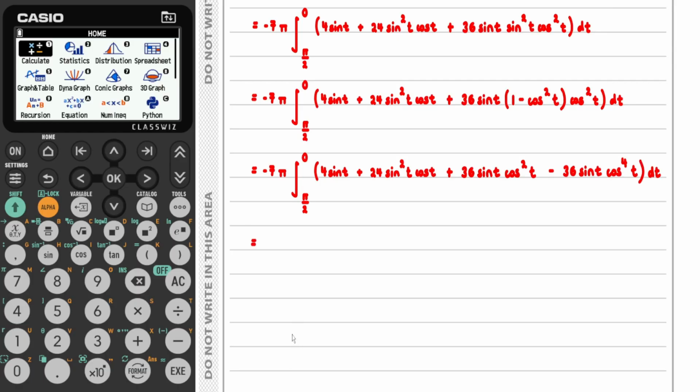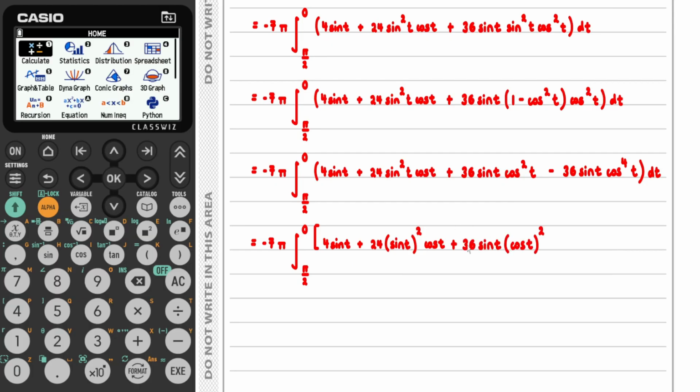Now, eventually I want to use the reverse chain rule, so we can write this in a more integrable form. I've got negative 7 pi times the integral from pi over 2 to 0, and then I've got this 4 sine t. Now this term here we can rewrite as 24 times sine t squared cos t.